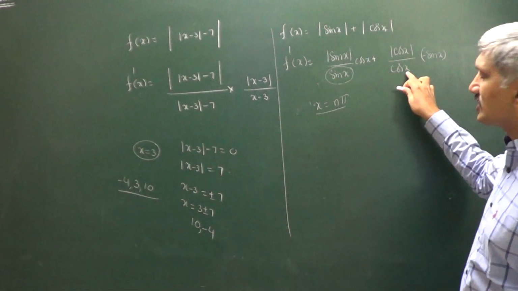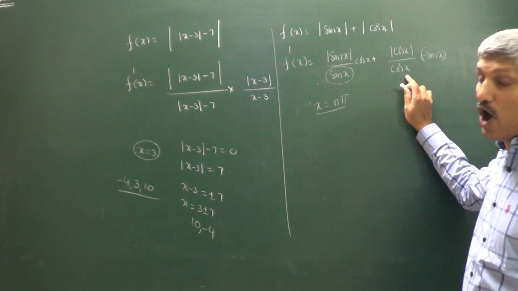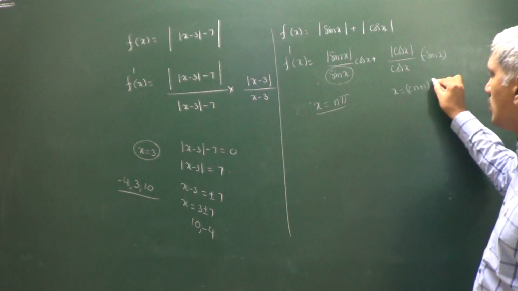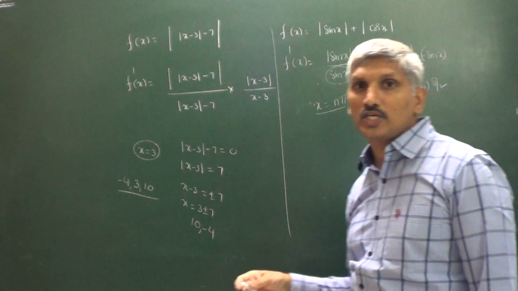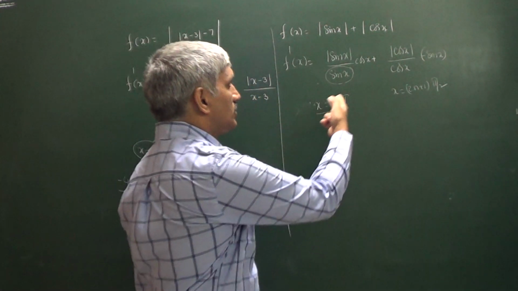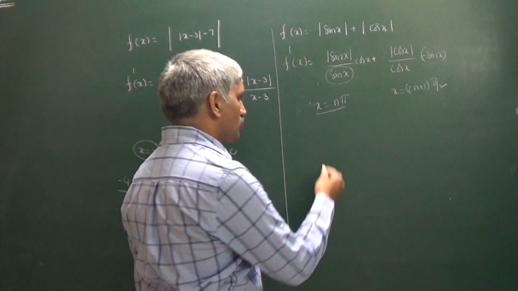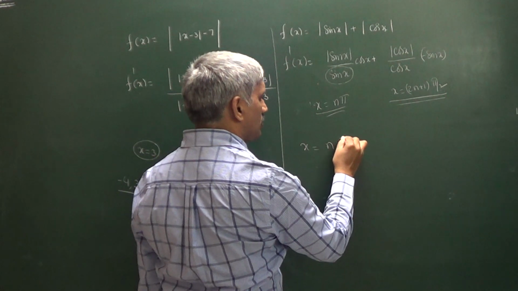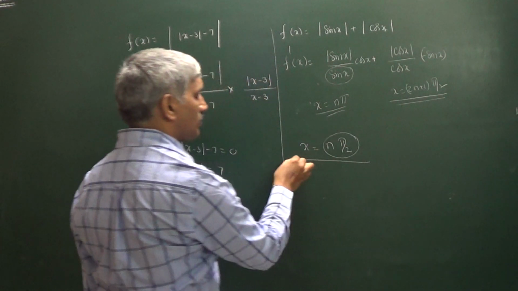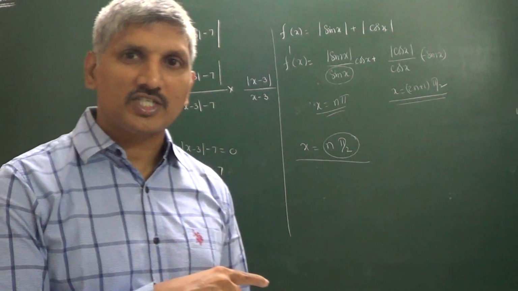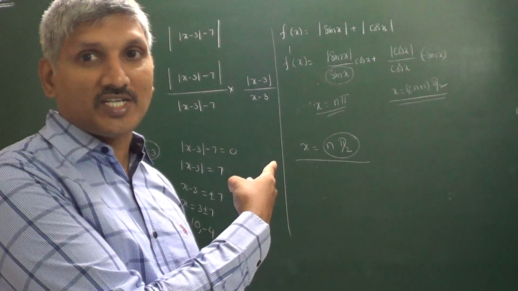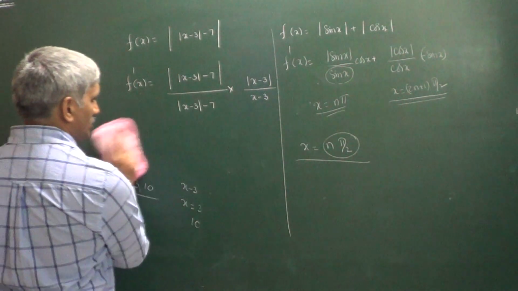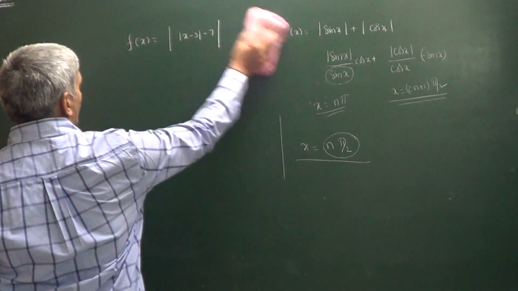At the same time cos x is equal to 0 in case of odd multiples of 90 degrees, that is (2n+1) pi/2. So in all these cases the differentiation does not exist. So from these two we can combine: x equals n pi/2, all multiples of 90 degrees, the function is not differentiable, but the function is continuous everywhere.